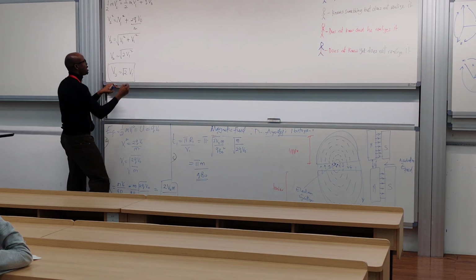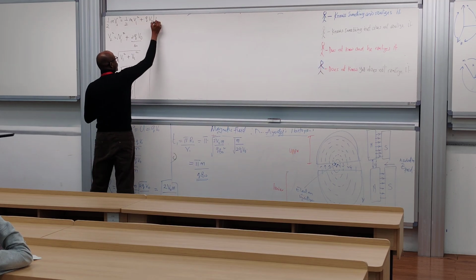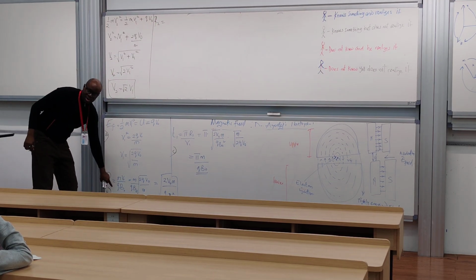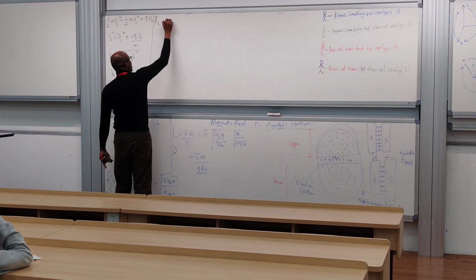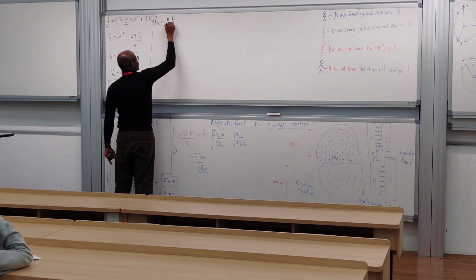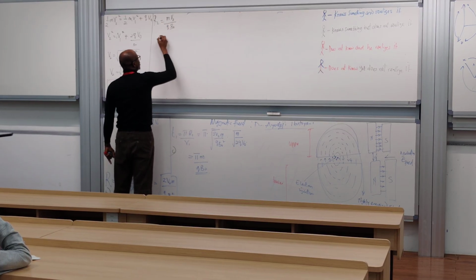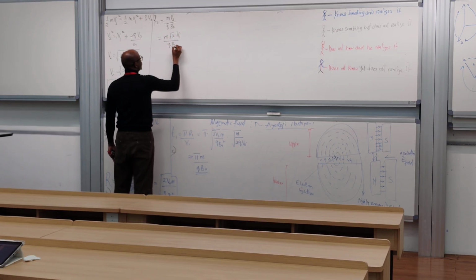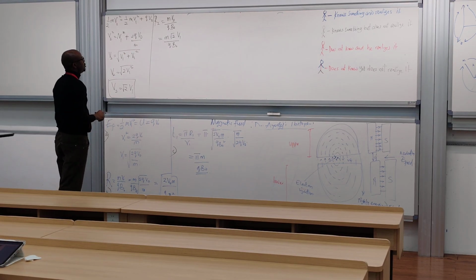Let's proceed to calculate R2. R2 will be what? What is R? m v over q v naught. So that is m v2 over q v naught. This becomes m root 2 v1 over q v naught.